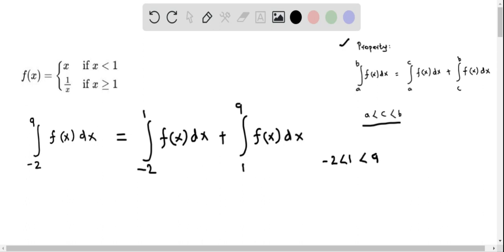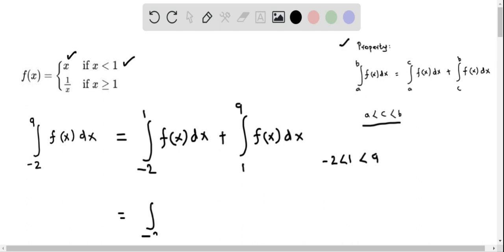We split it like this because we have the definition of the function in terms of the break point at x equal to 1. So we have to write it down like this. Now for the first integral, we can use the definition of f(x) when x is less than 1. So f(x) equals x when x is less than 1.